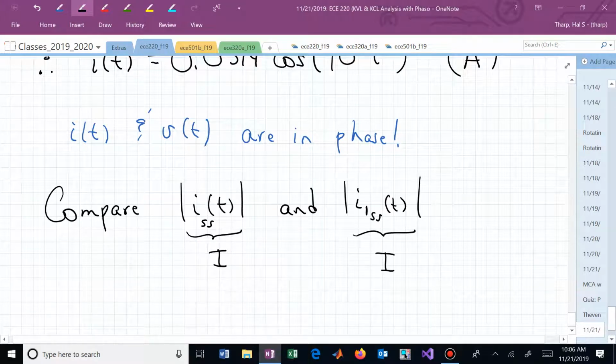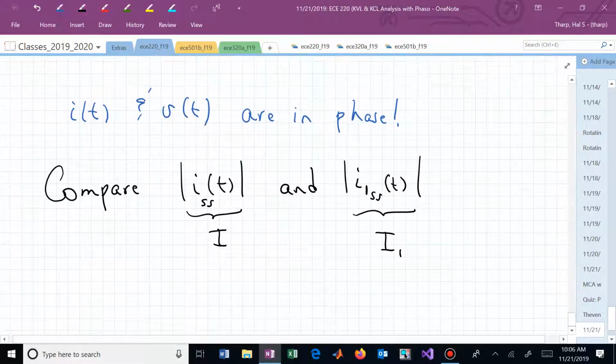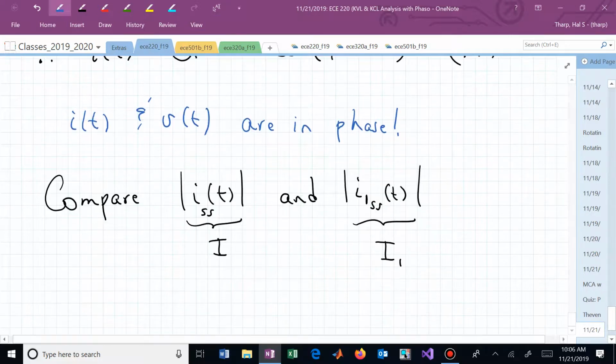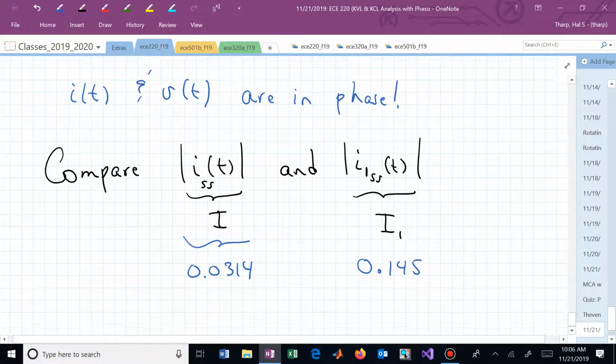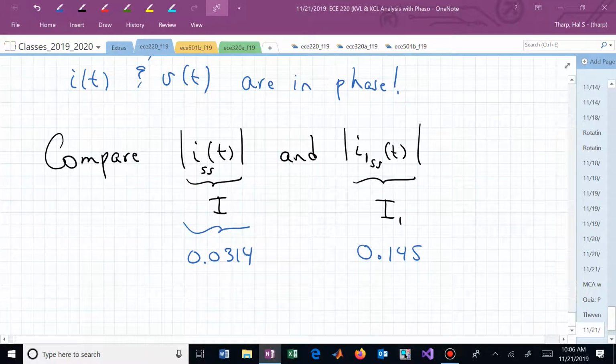This I think I was calling I1 bar. This one was the pi with the shift in decimal. What was I1's magnitude? Quite a bit larger. 0.145. Almost a factor of 5 bigger.